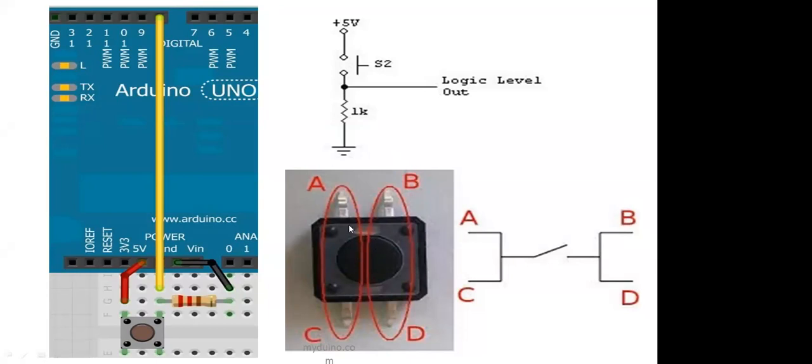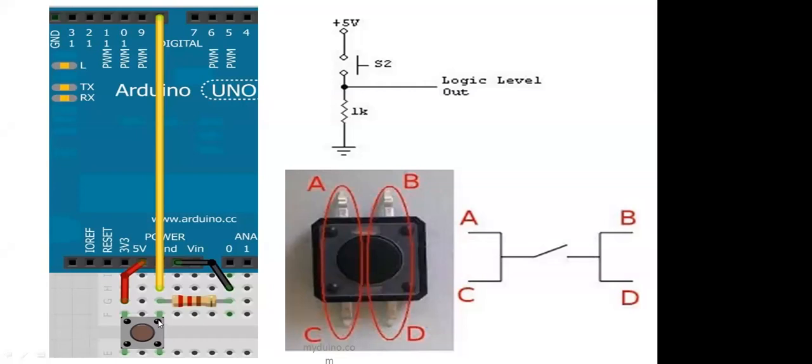In this push button, these pins A and C are by default connected. B and D are also connected over here. So this connection is inside it. A and C are connected and B and D are connected by default. When you press it, then this will get connected with this, and A will get connected with B and C will be connected with D. So these are the push button connections.